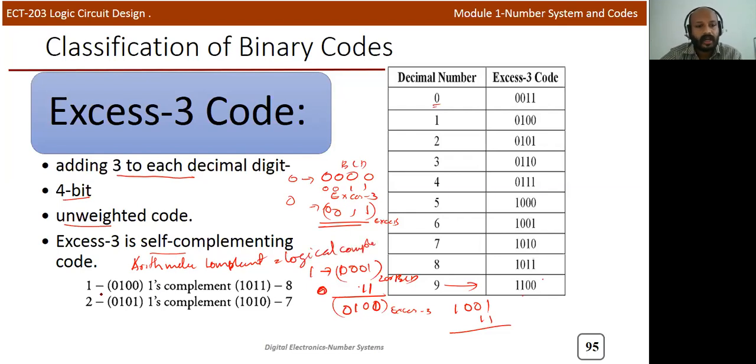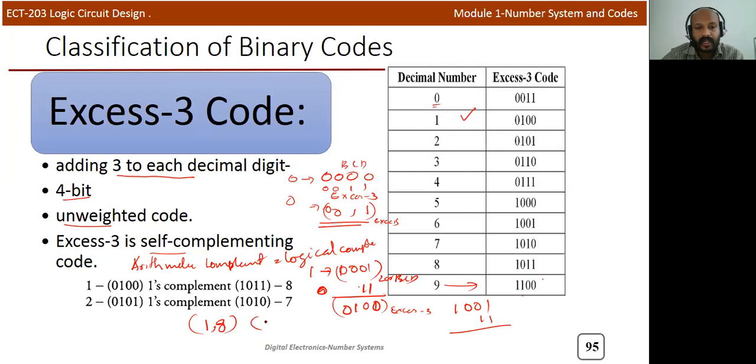For example, here it is written as 1. The XS3 code of 1 is 0100. Now if you take a decimal number, for example, the arithmetic complement of 1 is 8.